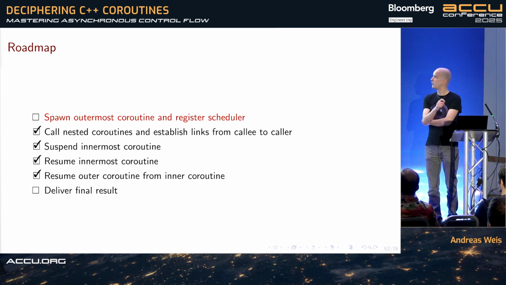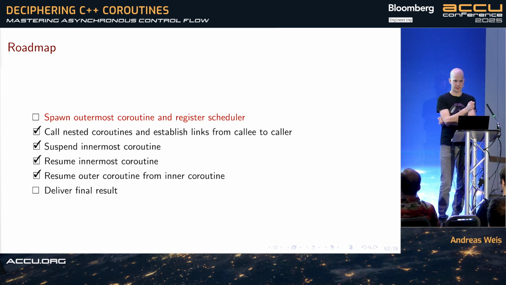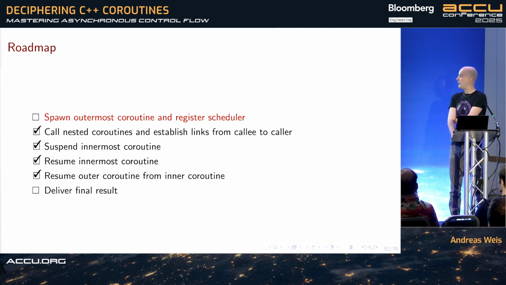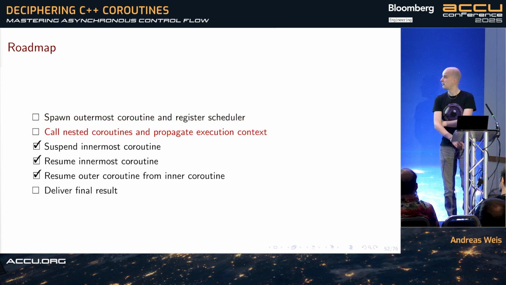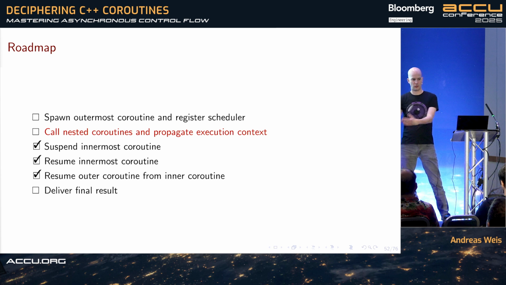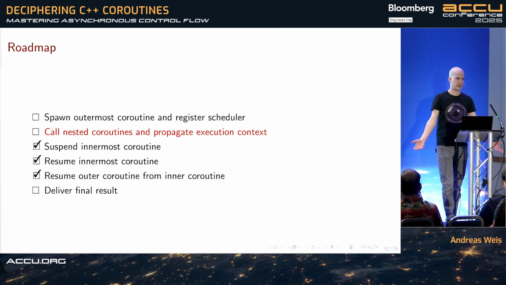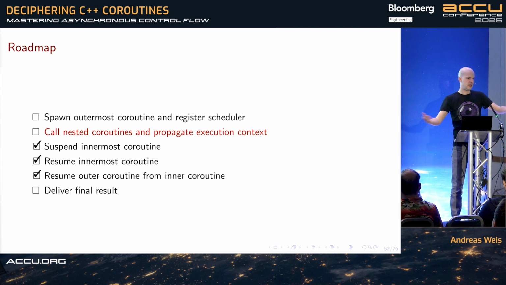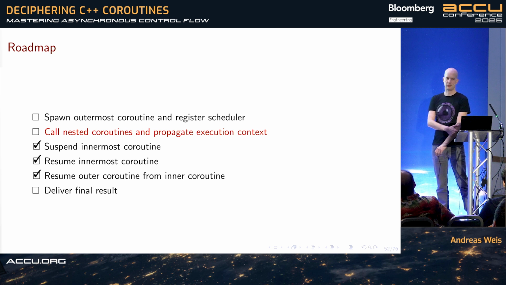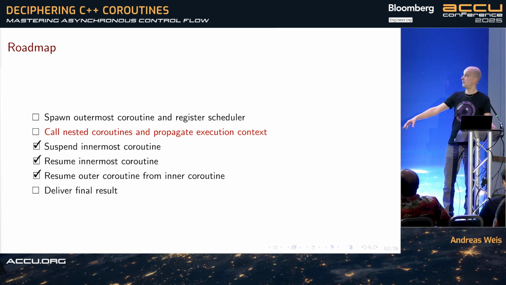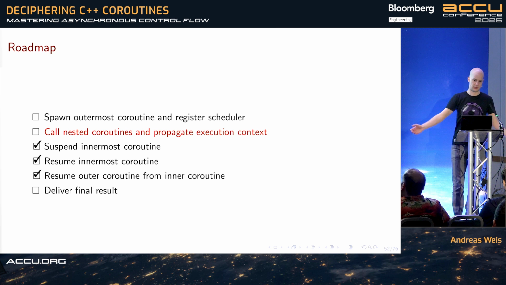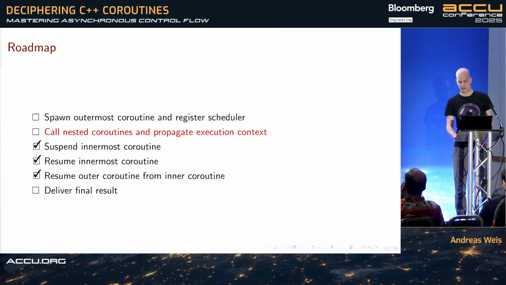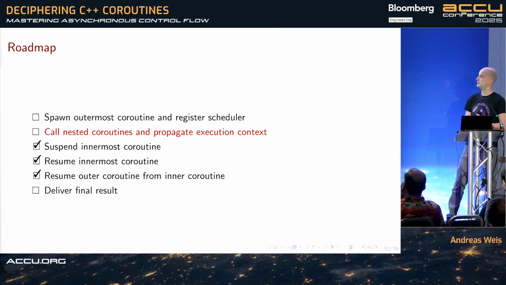Instead of just spawning the coroutine, that's the place where I register the scheduler. And now instead of just propagating the links from caller to callee, I also want to propagate the scheduler, or really any execution context, anything that's related to these operations, so that all of the inner functions have the stuff and I don't need to manually pass that down.